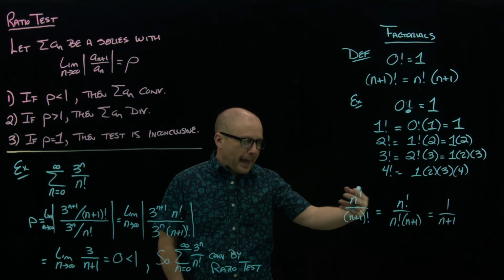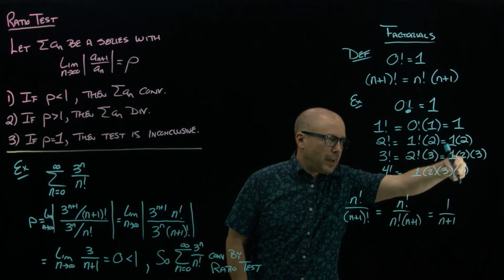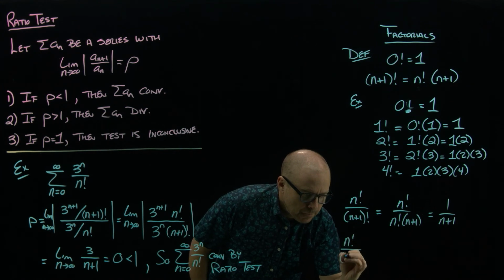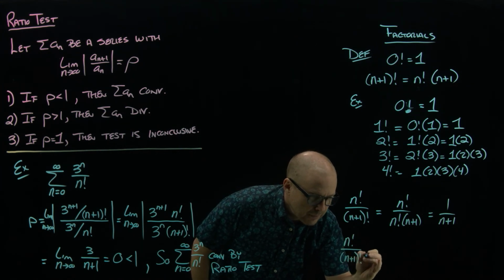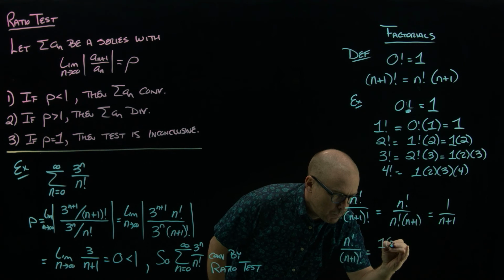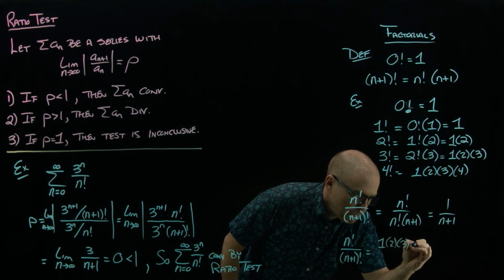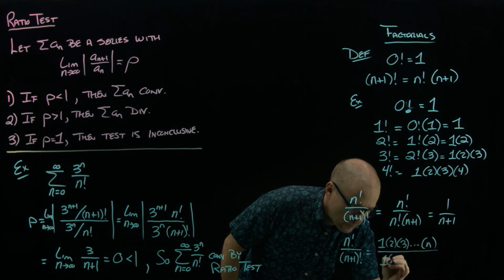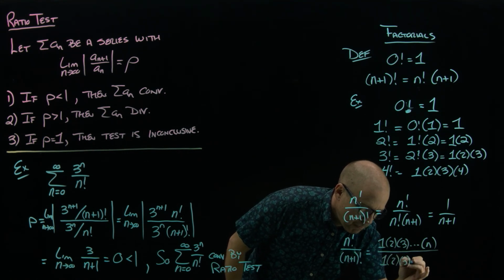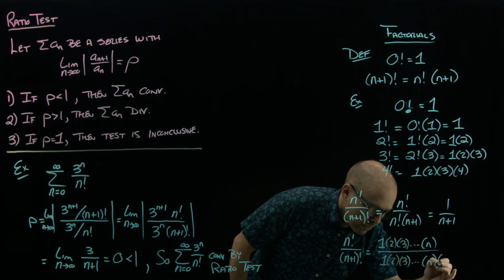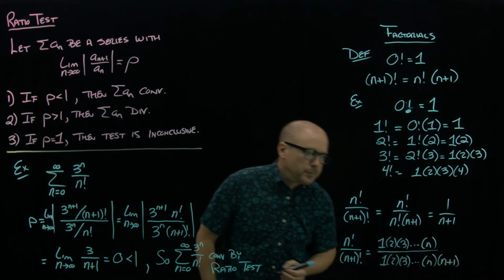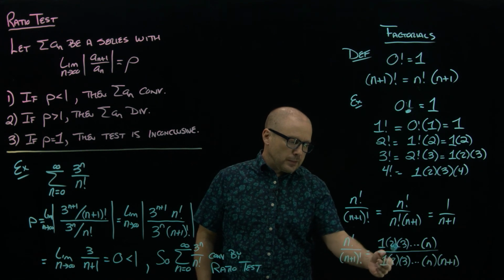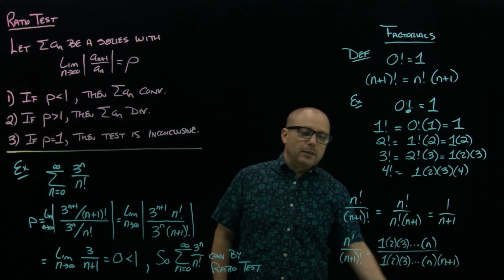Or if you just write it out in sort of this fashion where you're writing out the actual product, the top is the product of every natural number up to n, while the bottom is the product of every natural number up to n plus 1. So this has 1 times 2 times 3 all the way up to n. This has 1 times 2 times 3 all the way up to n, and then 1 more.